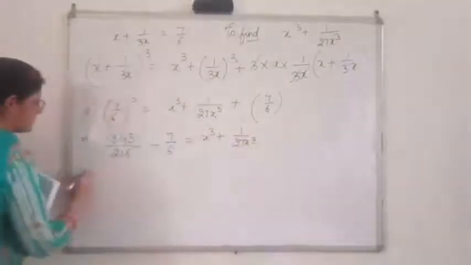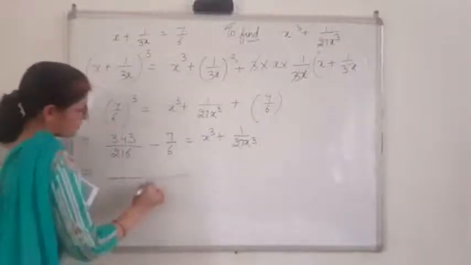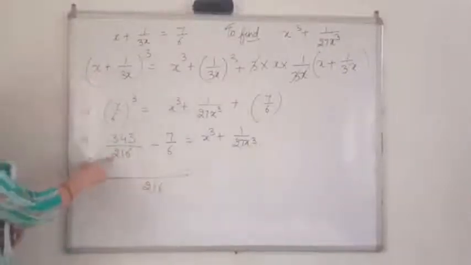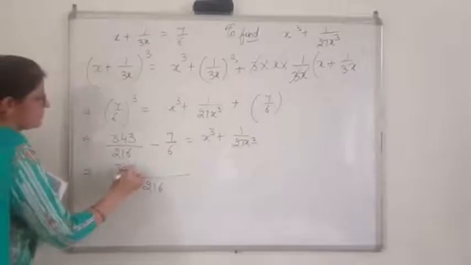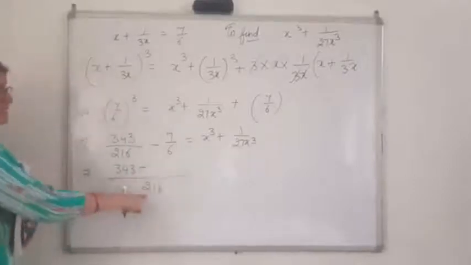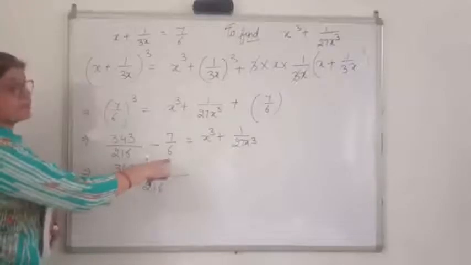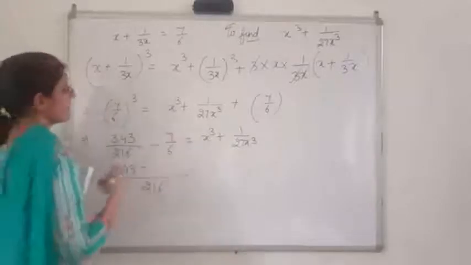Now we will take LCM 216. Same denominator, so the same term will come here. Minus 216. When we divide by 6, we will get 36. 36 sevens up.